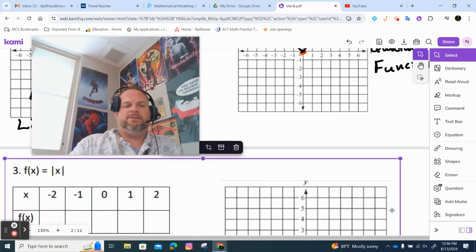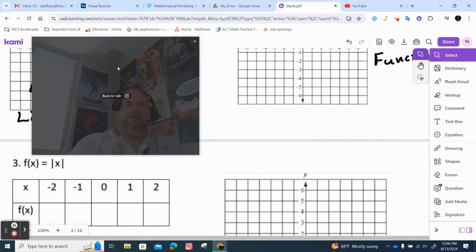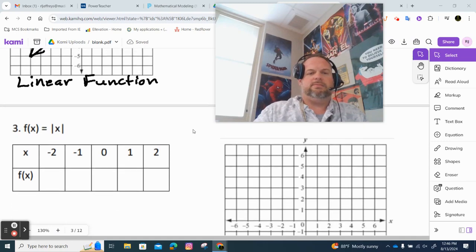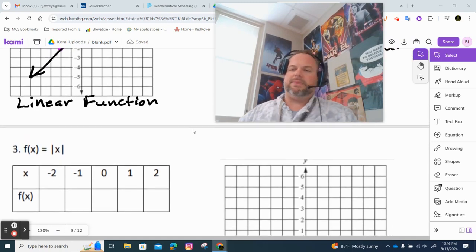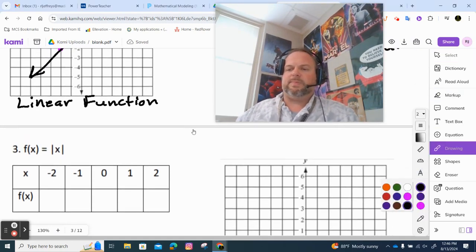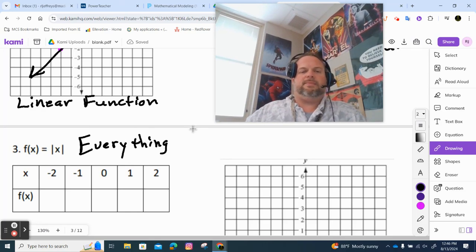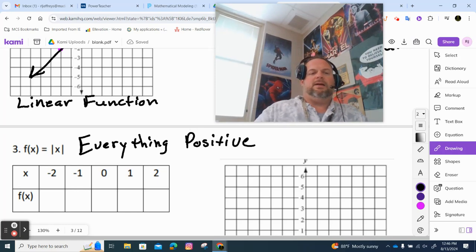So moving on to this one. This little x is in jail. Not really. This absolute value makes everything positive.